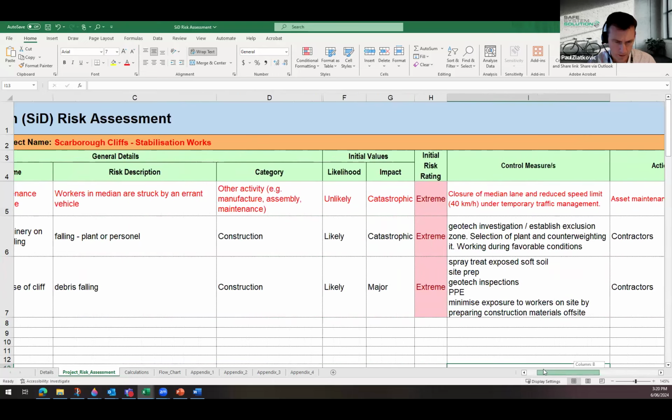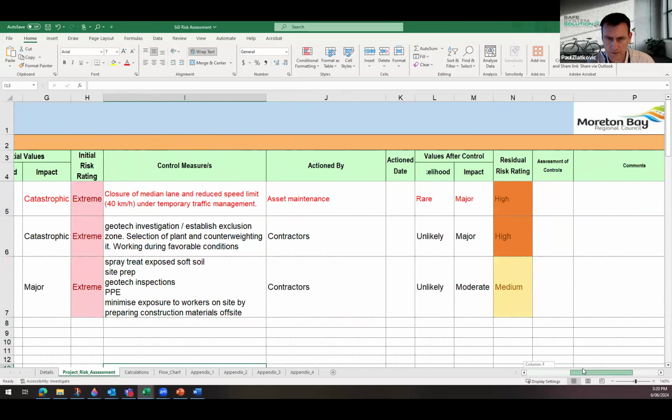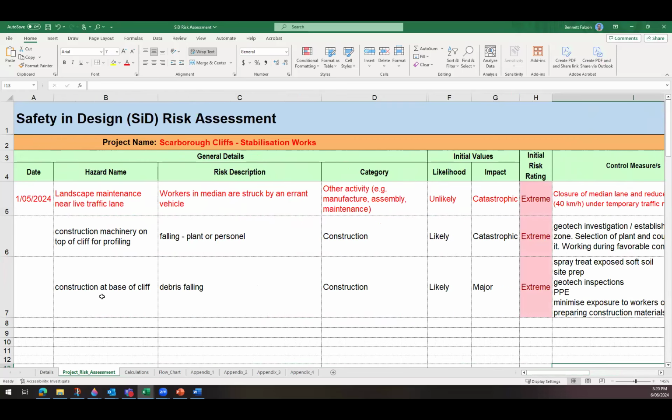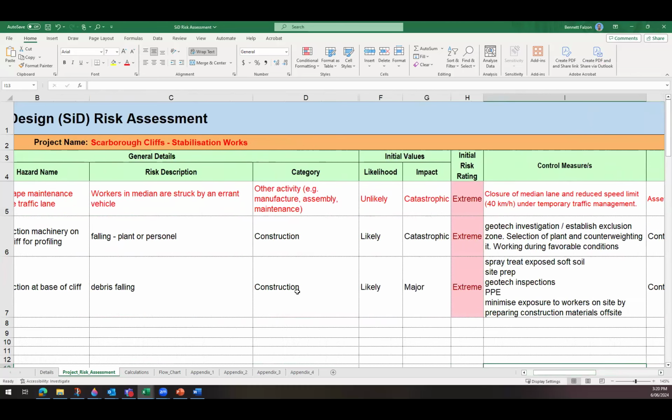Yes, so unlikely is once every 10 years. Yep, that's fair. Construction at the base of the cliff, the risk would be from things falling from above, plant or personnel. Again, it falls into the construction category.